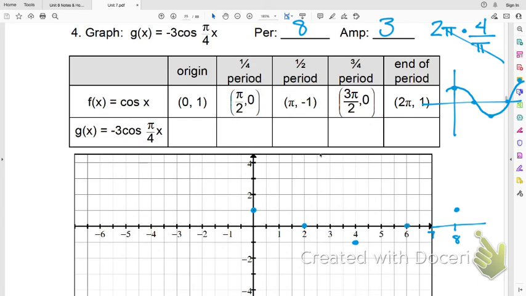Now let's use that amplitude. The amplitude is 3. So if you want to do this in 2 parts again, you can do that. You can stretch it up to 3 and down to negative 3 and then do your reflection from the negative, or you can do it in 1. If I was doing it in 2 parts, this one and this one would go up to 3 first.